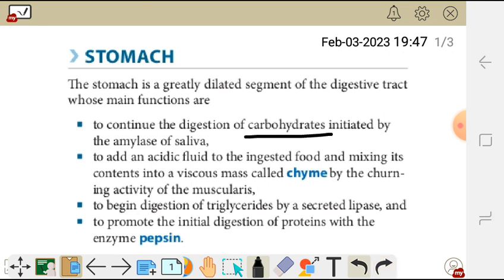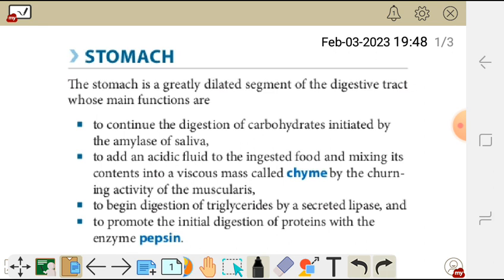The digestion of carbohydrates, as we already know, starts in the mouth, and then it continues. From there the stomach adds acidic fluid to the ingested food and mixes its content into a viscous mass called a chyme by the churning activity of the muscularis.